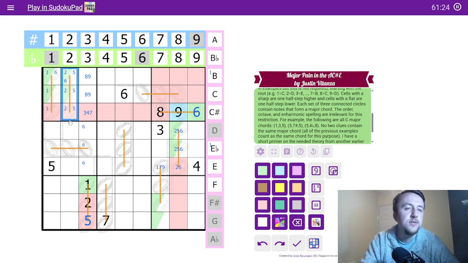Why did C major cause problems? With a 3 or a flat 4. Why could this not be 1, 3, 5? Because then this would have to be 2 and 6 with a flat something. And I think all of those options were off the table.